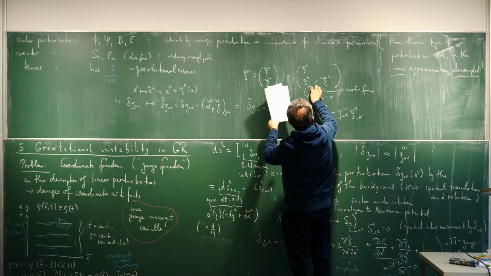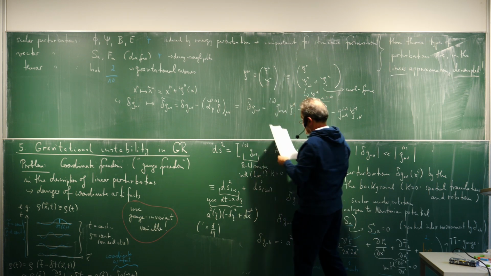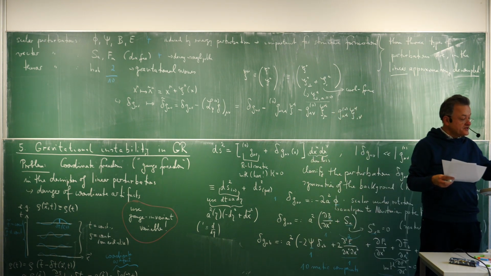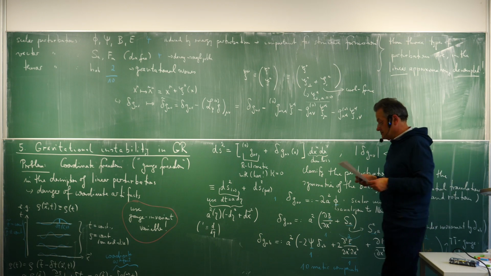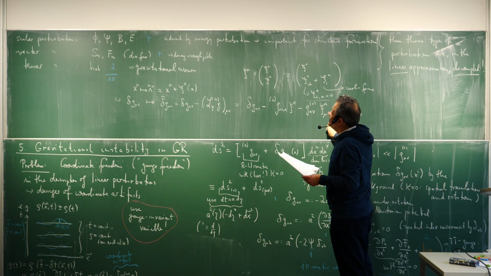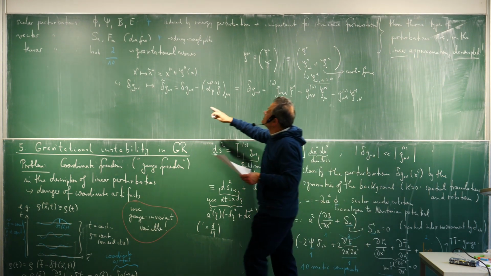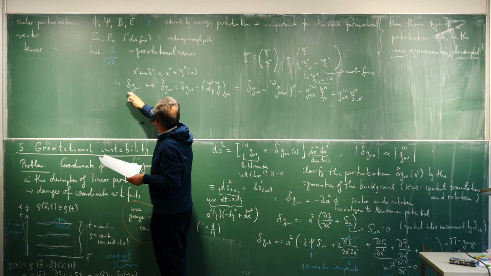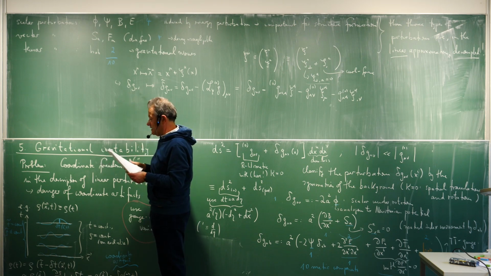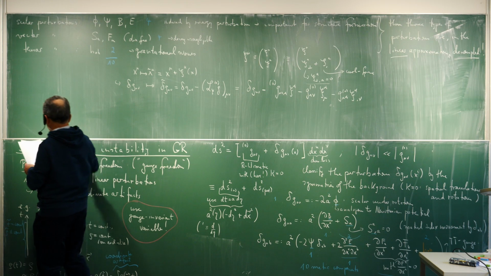It's transversal. Inserting this here, we then get explicit expressions for the various components, the delta g00, delta g0a, and delta gab. Let me just write it down.